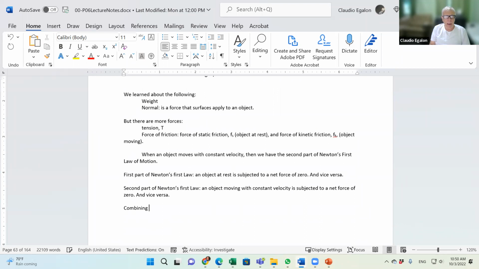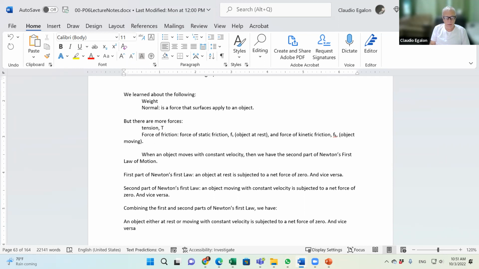Combining those two laws, combining the first and second parts of Newton's first law, we have: an object either at rest or moving with constant velocity is subjected to a net force of 0, and vice versa.